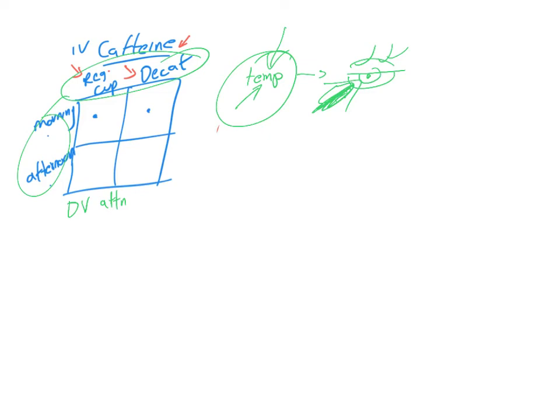How can you factor that out so it doesn't influence attention, right? Because you don't care about temperature. You care about coffee. You care about the time of day. Well, one thing you could do to deal with this confound is, well, okay, fine. Let me hold the temperature at 75 degrees consistently.